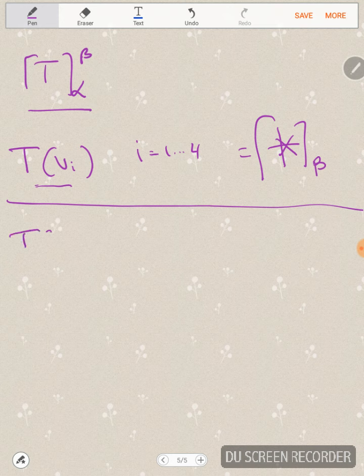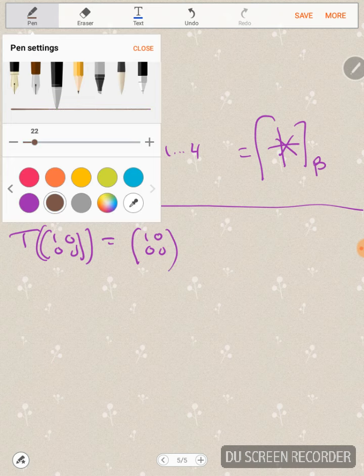So V1 is this. We're going to write that out. And it's going to be minus its transpose, which is itself. Let me just write this out.